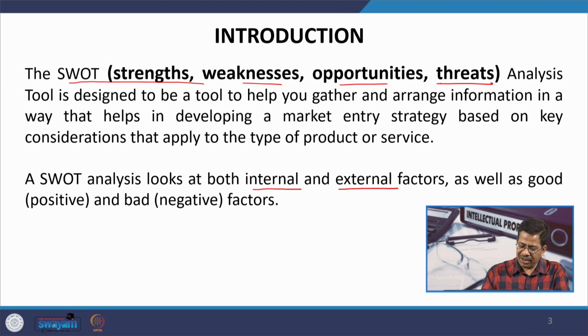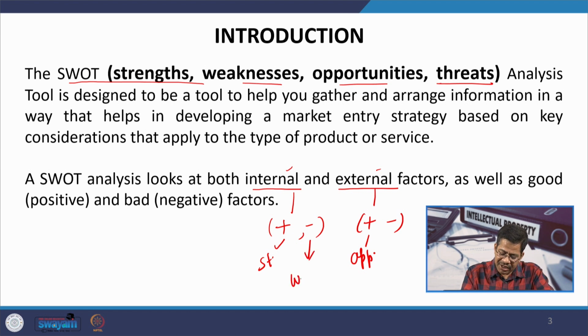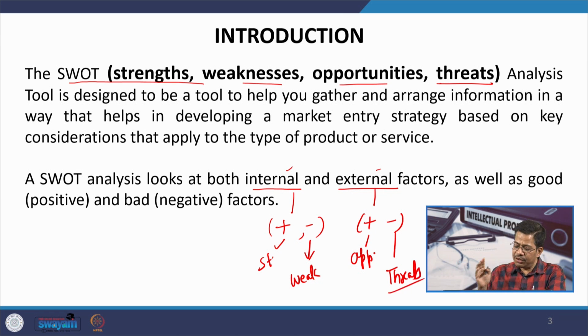When you consider internal and external factors, there may be some positive and some negative. Same thing, there will be some positive and some negative external factors. Positive will give you strengths and opportunities, negative will give you weaknesses and threats. That is the discussion we will be continuously doing in this whole session: strengths, weaknesses, opportunities and threats.